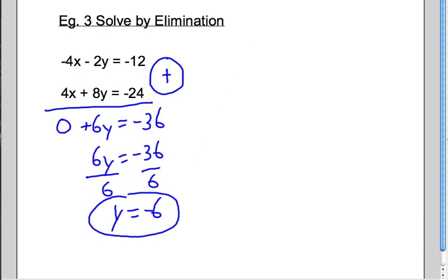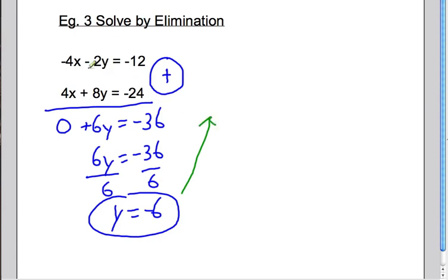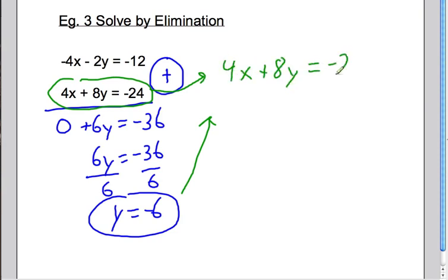Okay, so that's the y value. Now we have to get the x value. So either one, actually I'll take this one because we have a positive x term. Maybe that'll make it easier, maybe it won't, I don't know. So we're going to use 4x plus 8y equals negative 24. And we have y equals negative 6, so we can put that in for y.